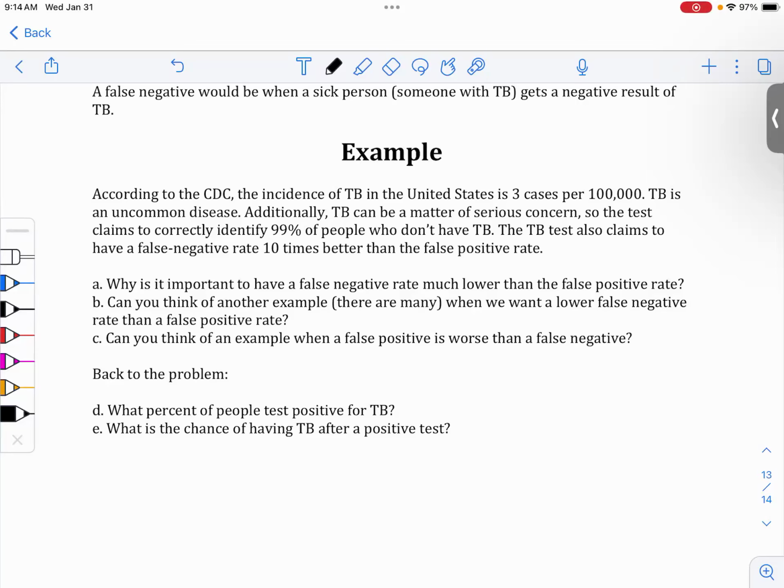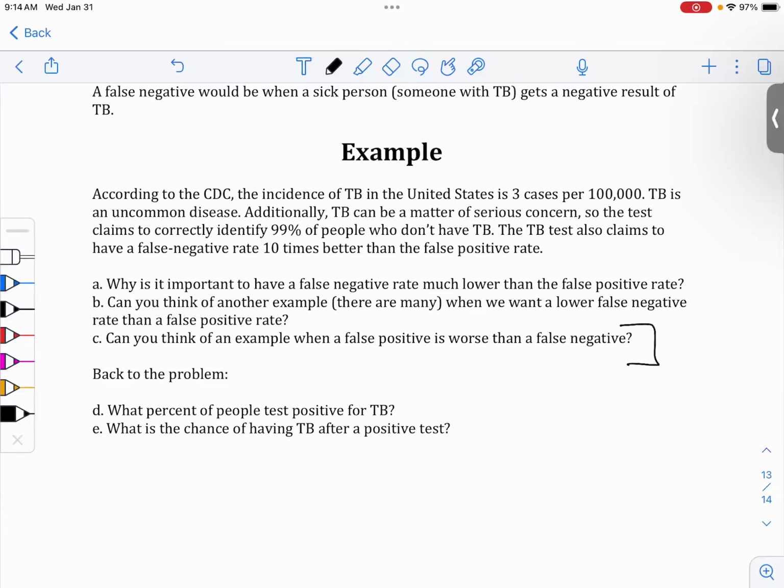However, can we think of an example when the false positive is worse than the false negative? And the answer is yes, the justice system. All right, the false positive rate actually means that you're sending an innocent person to jail. The false negative rate is letting a guilty person go free. Now, be aware, neither of them are good, all right?